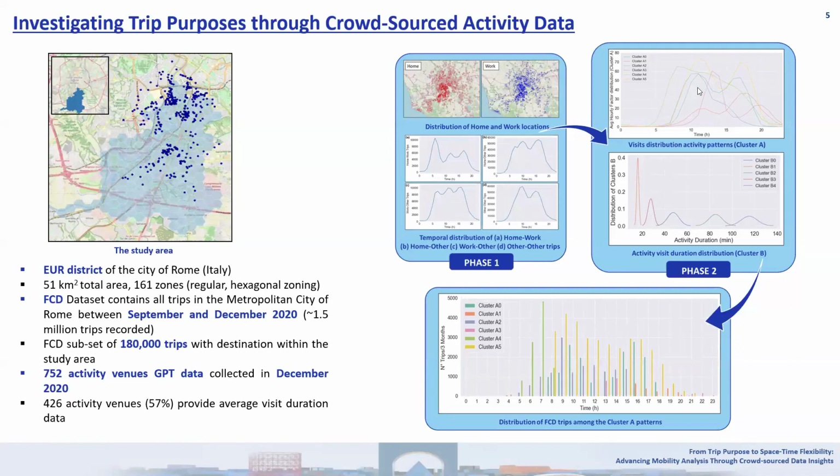So we started to work with a subzone of the city of Rome. This is the EUR zone of the city of Rome. It is very close to our university, and we take all the points of interest of this zone, and we take the Google Popular Times of these points of interest, and adopting clustering techniques, we derive different visit patterns related to the points of interest we collect in the zone.